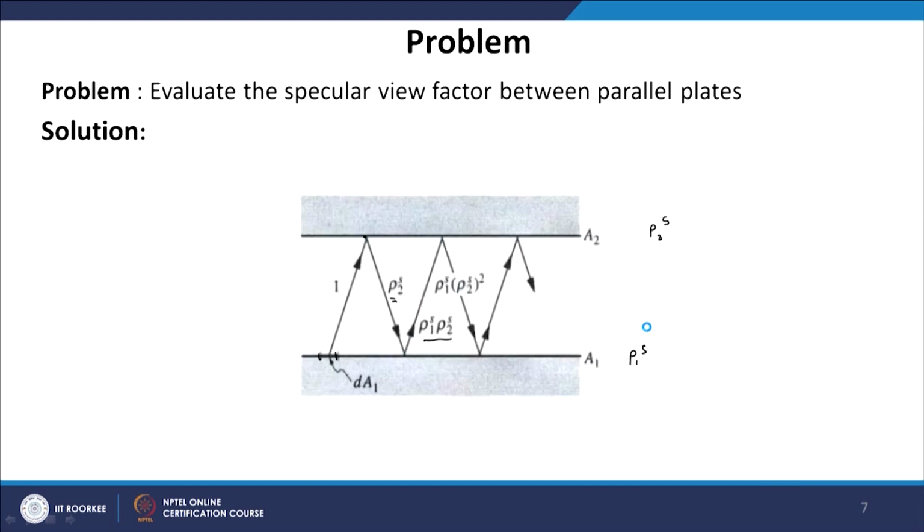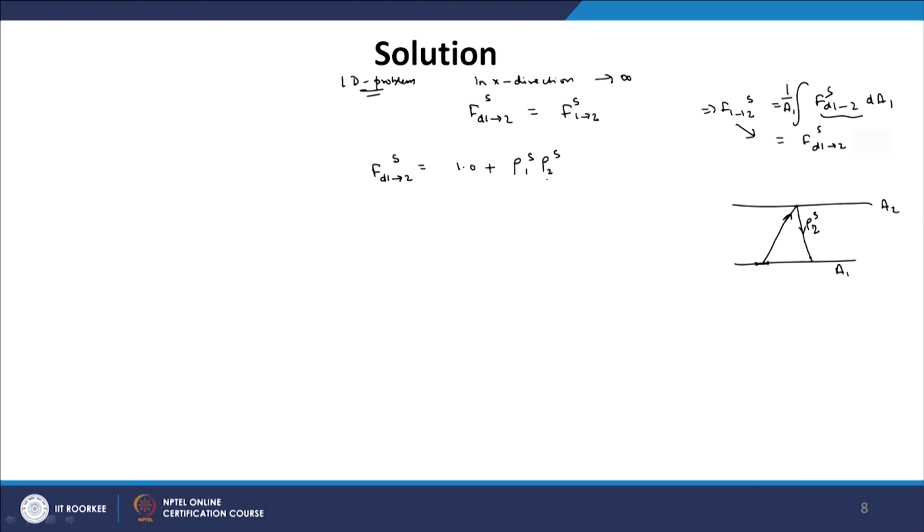So, we have taken the reflection from surface 2, and this will be plus similarly rho 1 rho 2 specular square and so on. This is how we are defining this view factor, and this is a geometric series, we can write this as 1 over 1 minus rho 1 specular rho 2 specular. So, this is going to be our view factor.